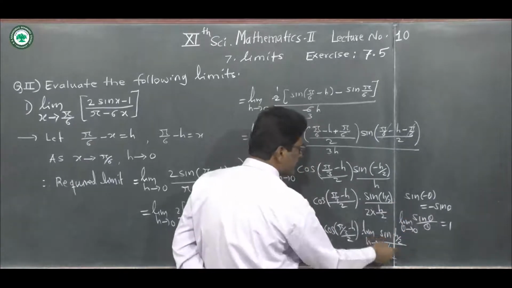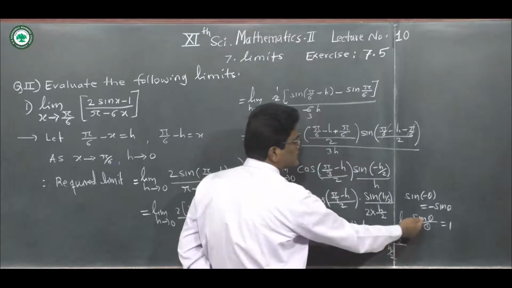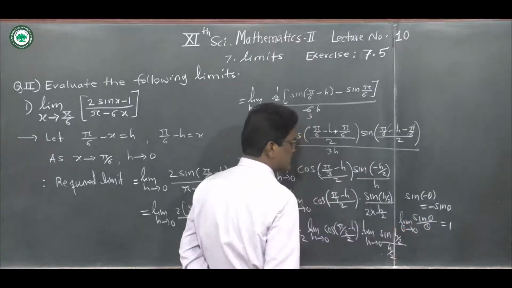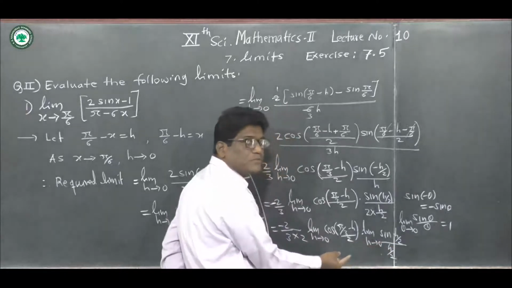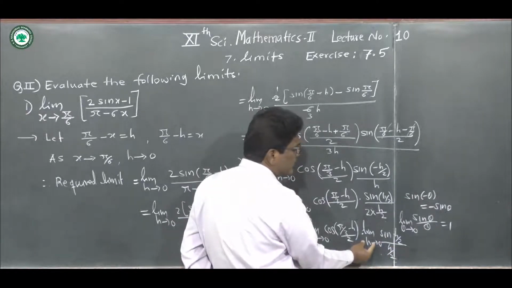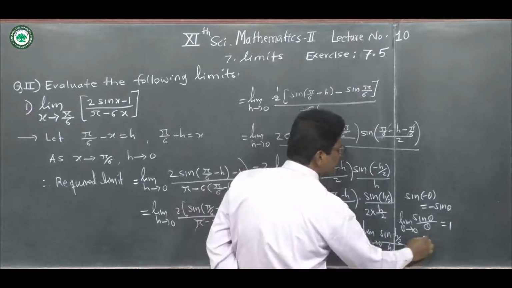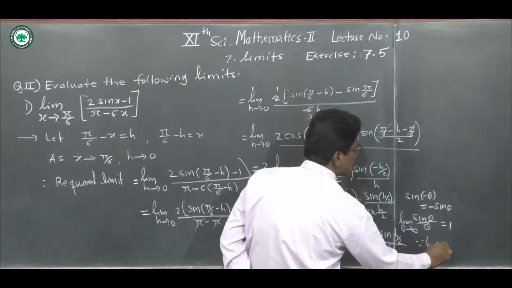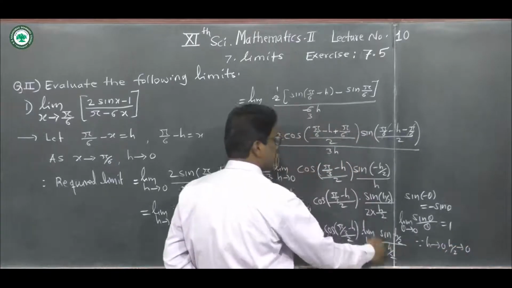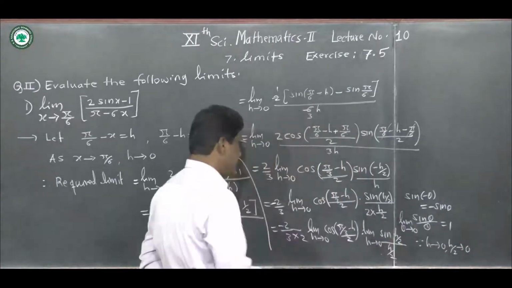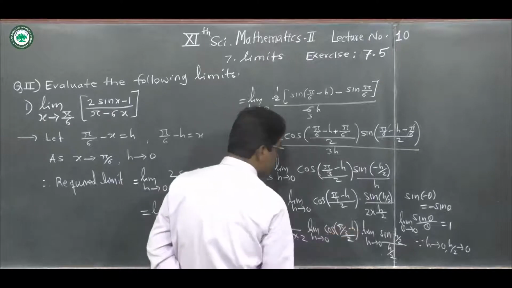So the value of this is 1, because this is the standard formula, sine theta upon theta, theta tends to 0. Here h by 2 upon h by 2 and h tends to 0. h tends to 0 implies here h by 2 also tends to 0. Since here h tends to 0, h by 2 also tends to 0, and therefore the value of this is 1. And here directly put h as 0.